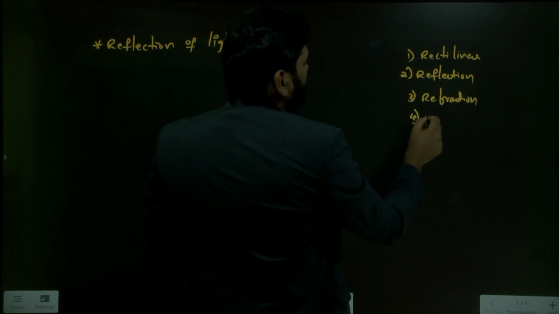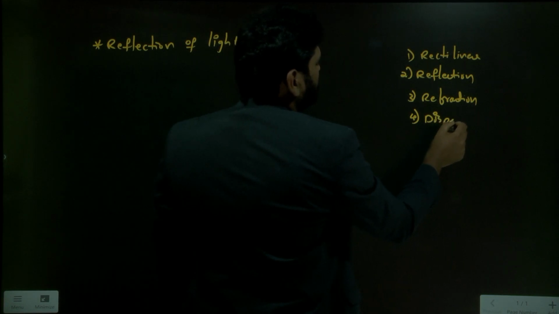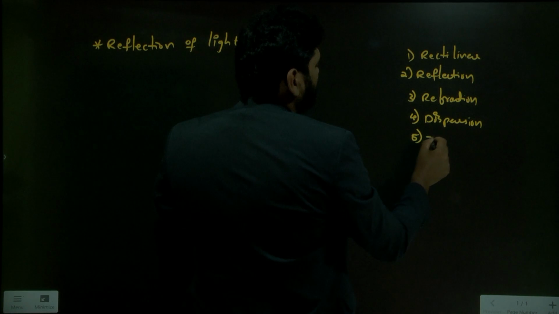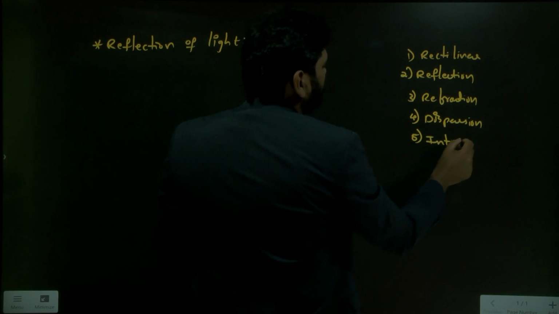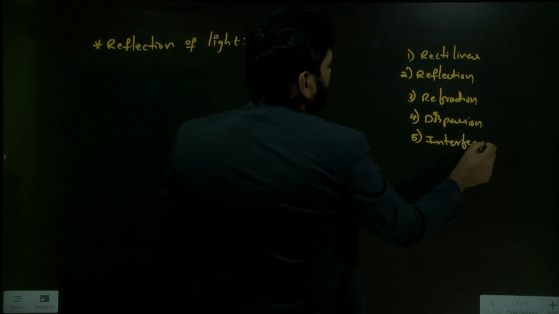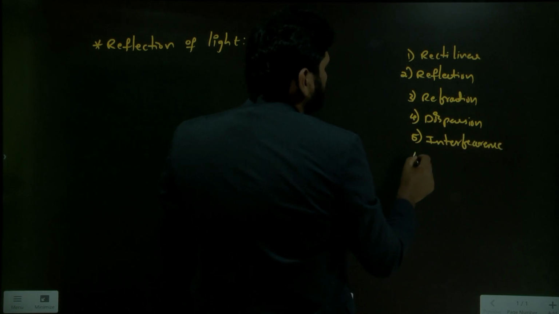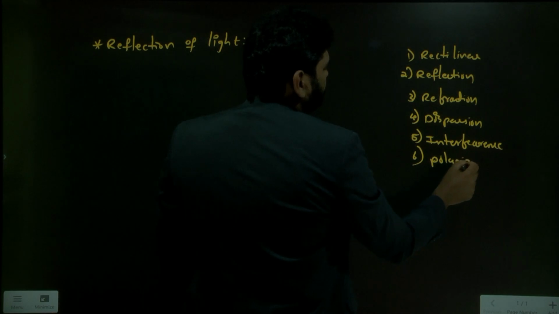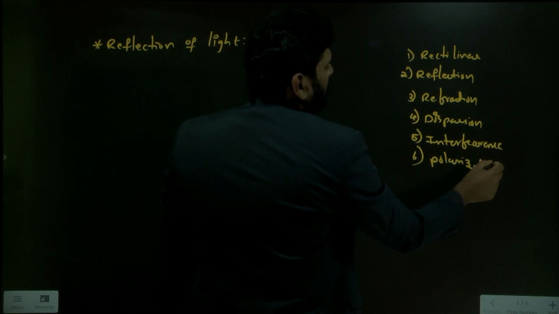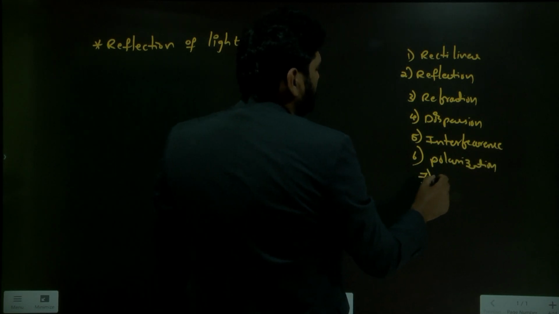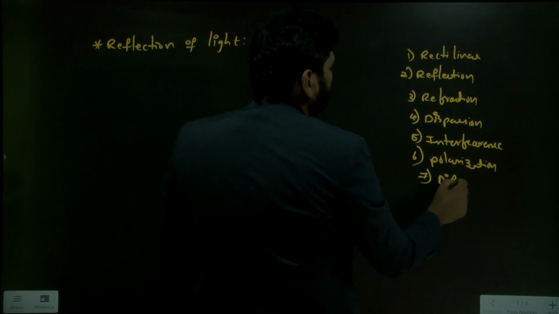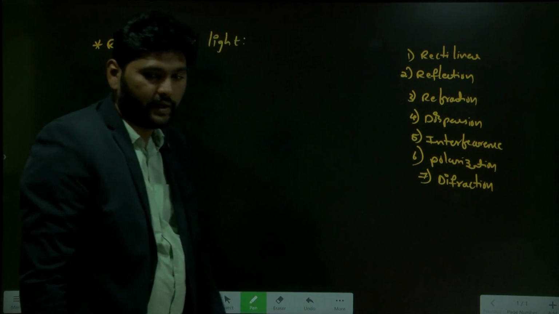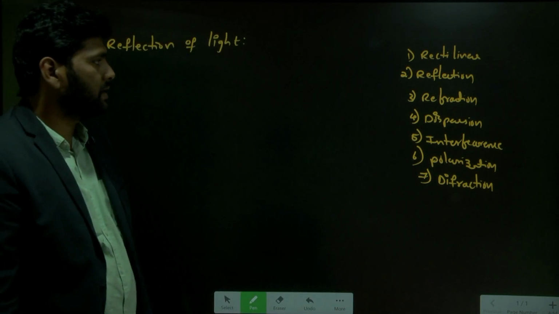Fourth property is dispersion. Fifth property is interference. Sixth property is polarization. And seventh property is diffraction. These are the properties of light.